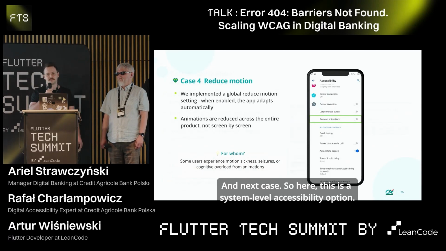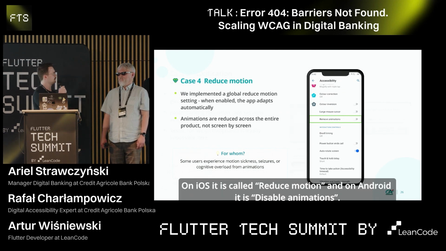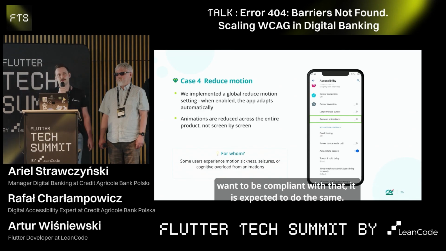So here, this is a system-level accessibility option. On iOS, it is called Reduce Motion, and on Android, it is Disable Animations. So when it is switched on, a device will keep animations to a minimum across the whole system. If our app wants to be compliant with that, it is expected to do the same.